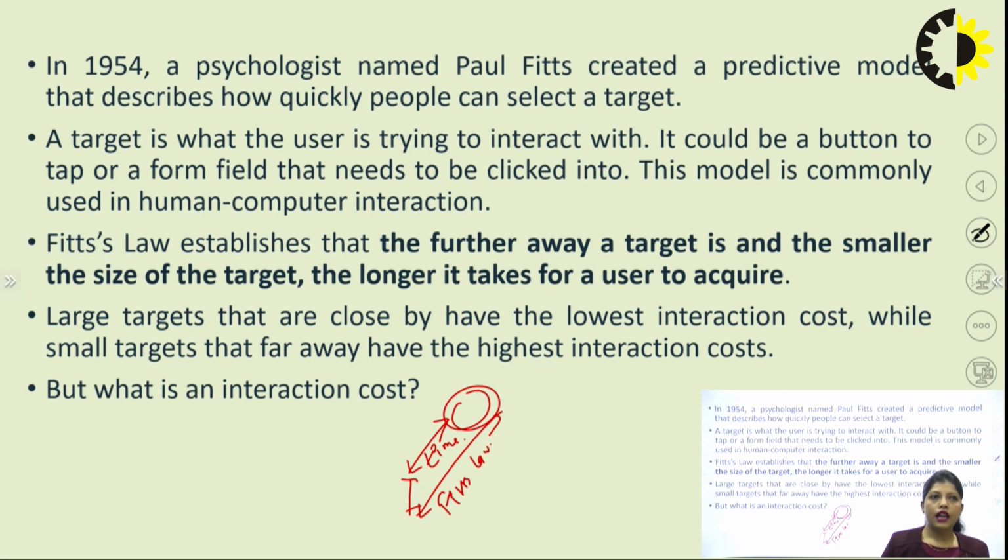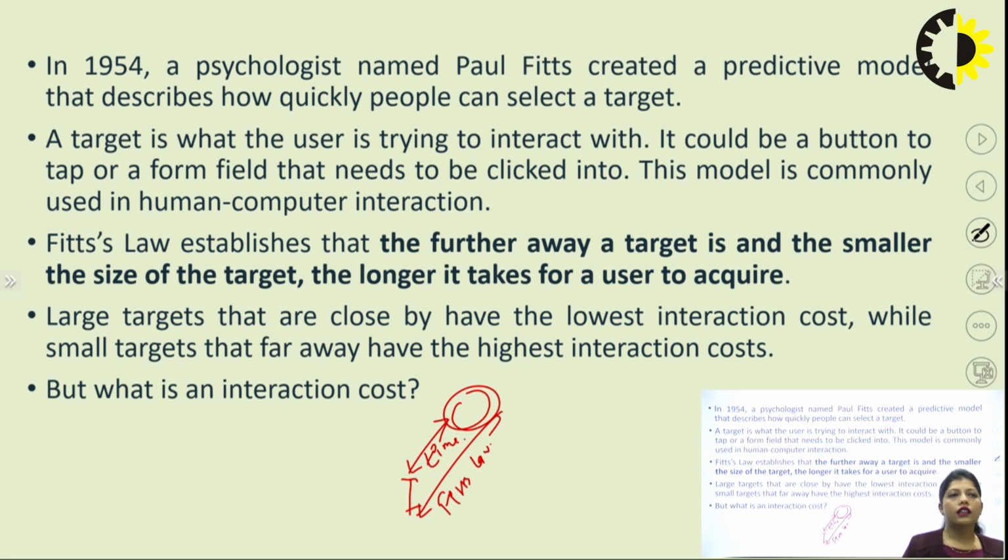Fitts law establishes that the further away a target is and the smaller the size of the target, the longer it takes for a user to acquire it. If the size is small, we have difficulty reaching the target, and if the size is large, we can easily reach our target.